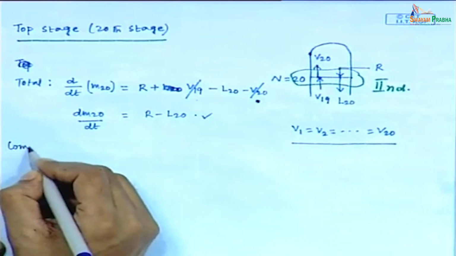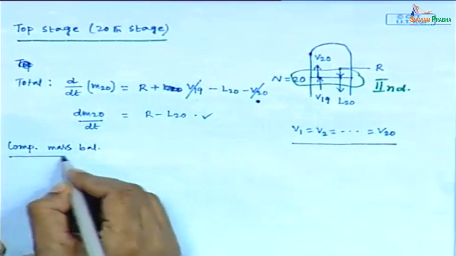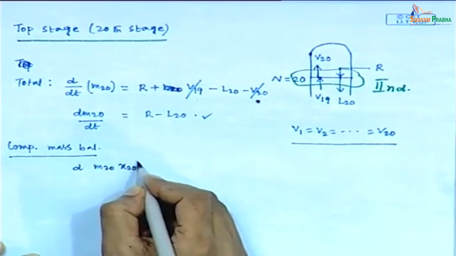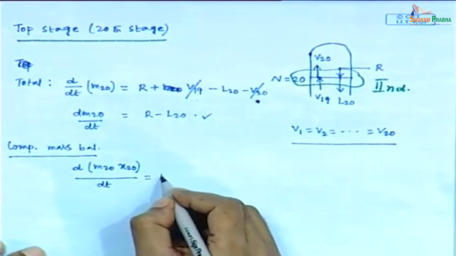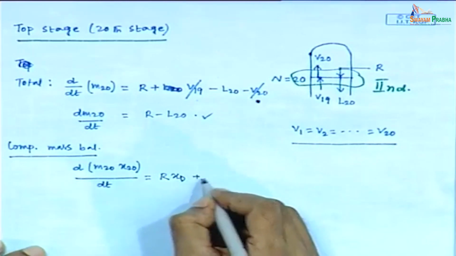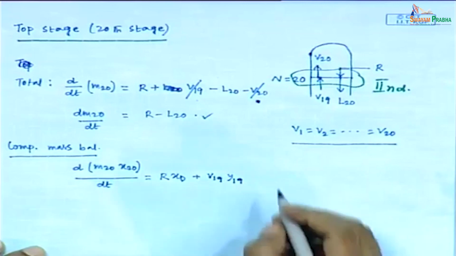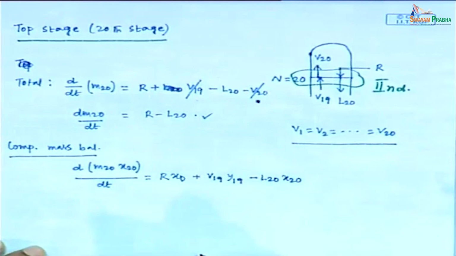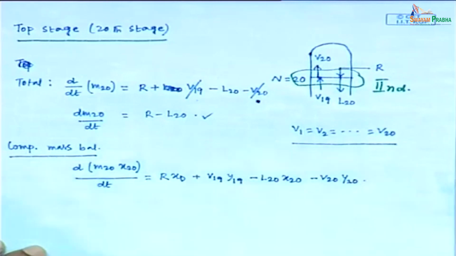What will be the component mass balance equation? Component mass balance: d(M20 X20)/dt equals the reflux flow rate and composition, R XD, plus V19 Y19 minus L20 X20 minus V20 Y20.